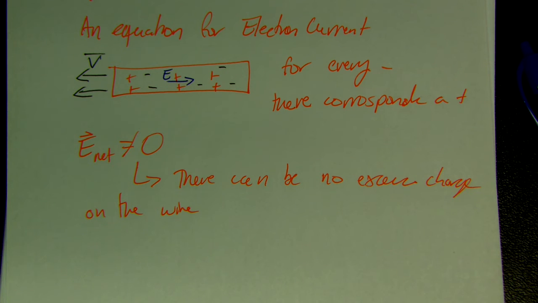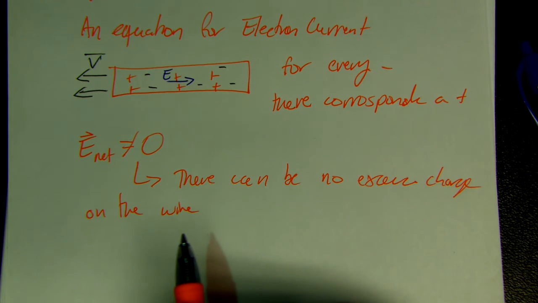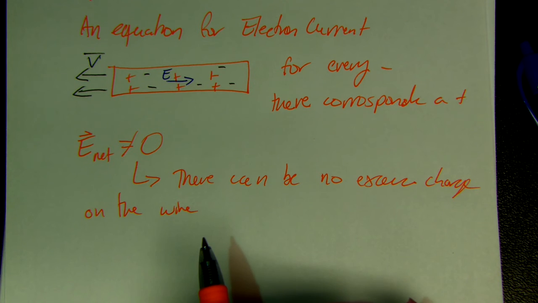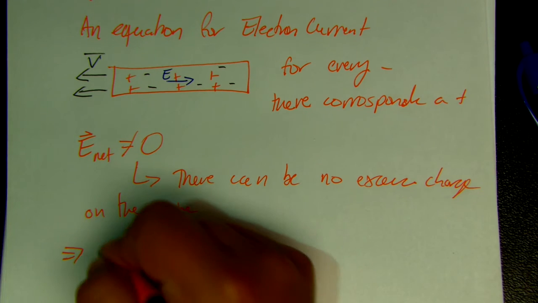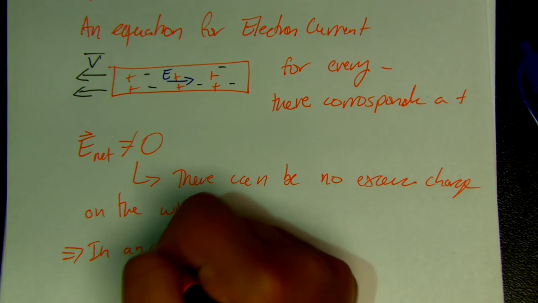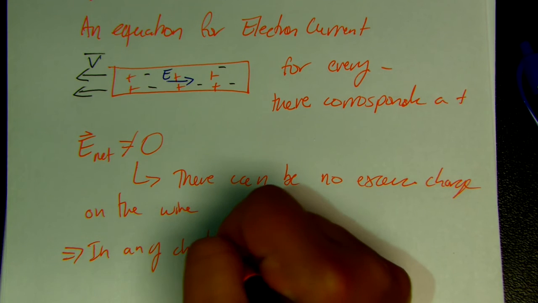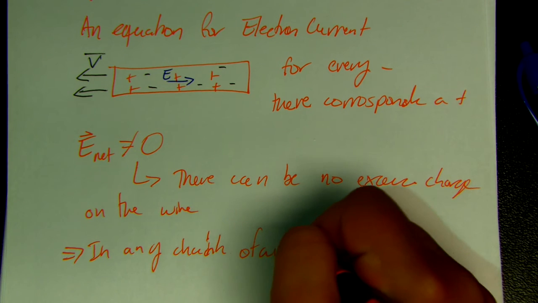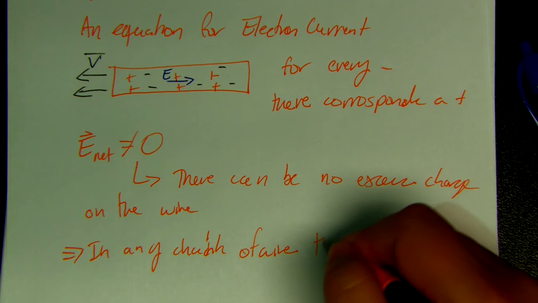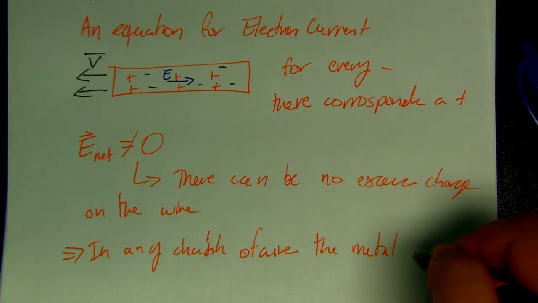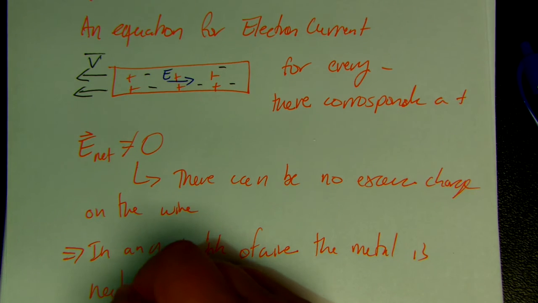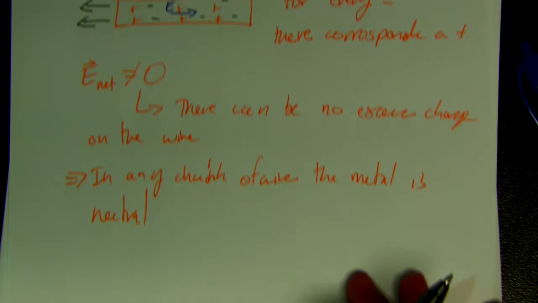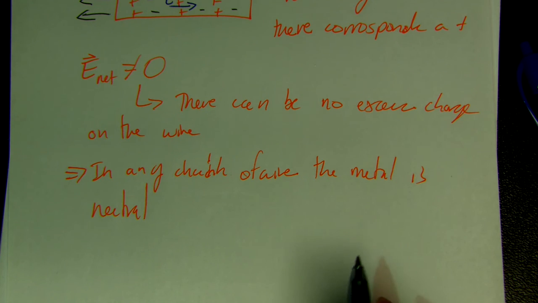We don't have a charged wire that is running through current, and that's to keep it from polarizing. All right, so in any given chunk of the wire, the metal is neutral. So these are the setups that we need to start going after an equation.